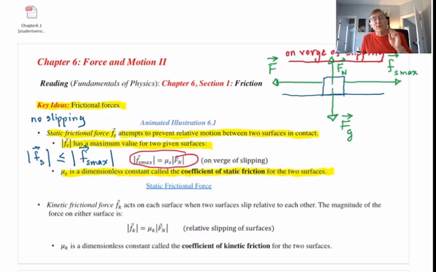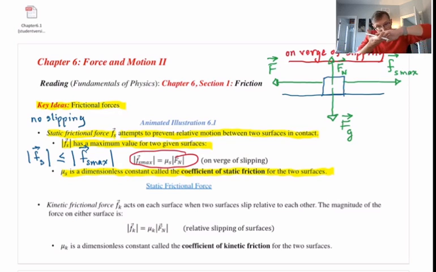Now, as we showed in the animation at the very beginning, if your applied force in a particular direction is large enough, of course you can get the block to slide across the table, or you can get the two surfaces to slide relative to each other.